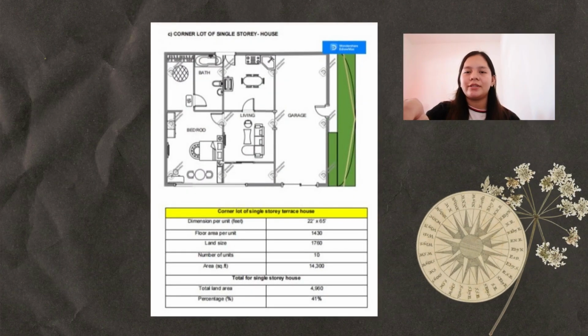How we calculate the corner lot of single story terrace house is the same way as the intermediate lot and the end lot. So we get the total of the area is 14,300, and the total land area is 4,960, and the percentage for single story is 41%.